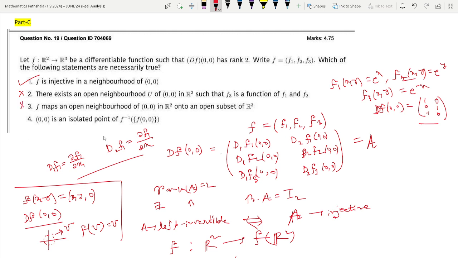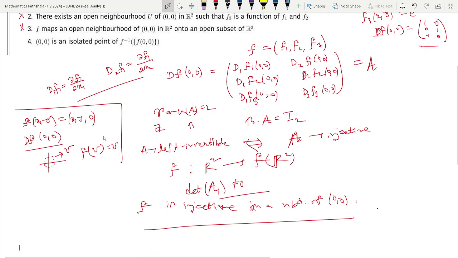Now look at option 4. Simply we will find what our f inverse of f(0,0) is.